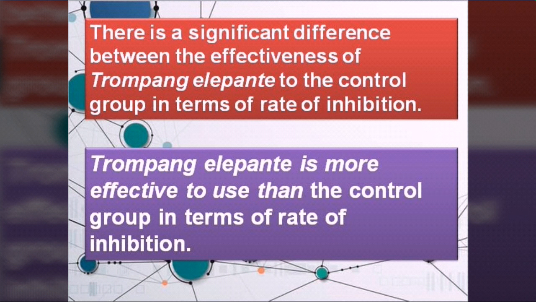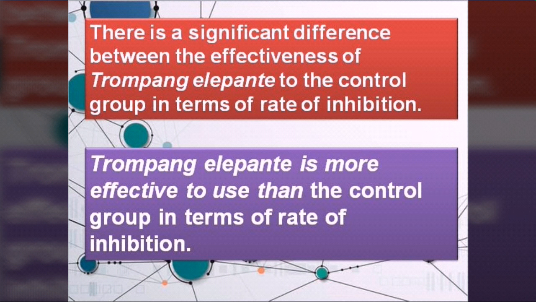First, there is a significant difference between the effectiveness of trompang elepante and the control group in terms of rate of inhibition. Second example, trompang elepante is more effective to use than the control group in terms of rate of inhibition. Both of these are alternative.